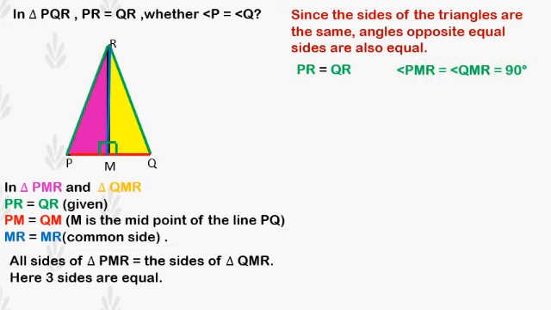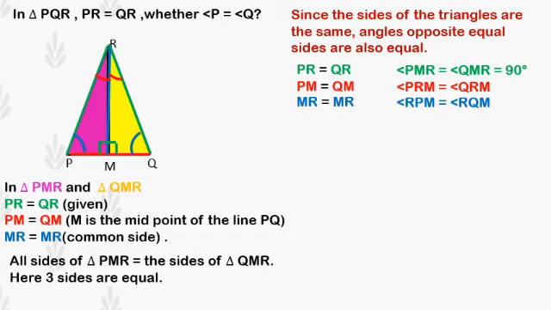So let us write angle PMR equals angle QMR equals 90 degrees and side PM equals QM. So the angles opposite to the sides PM and QM are angle PRM and angle QRM. So let us write angle PRM equals angle QRM and sides MR equals MR. Angles opposite to the side MR are angle RPM and angle RQM. So we can write angle RPM equals angle RQM.